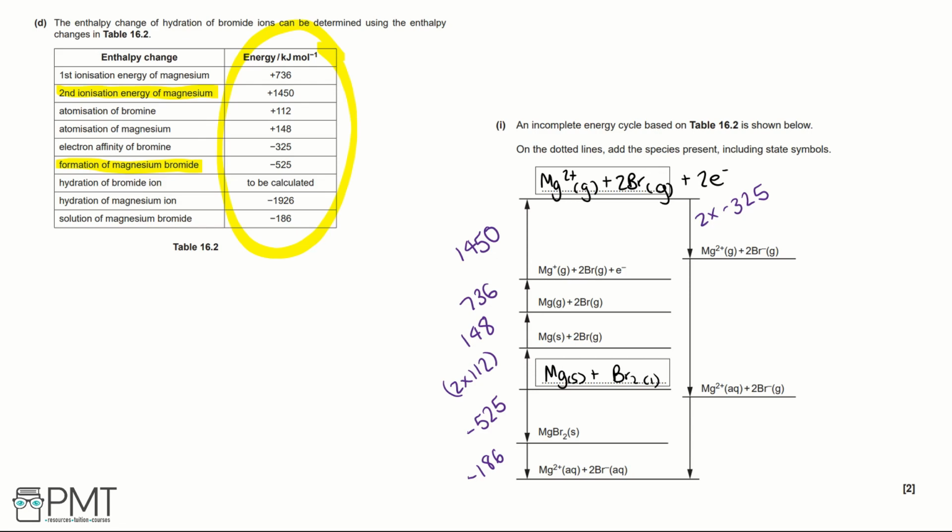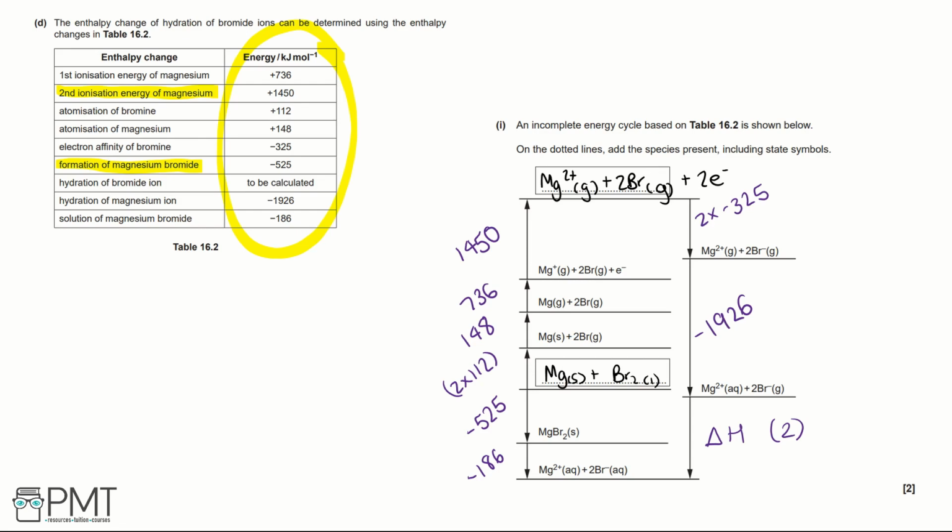And finally, this other arrow, we've got minus 1926, which is the hydration of magnesium ion, because we're going from this Mg2+ gas to Mg2+ aqueous, so we're hydrating it. And then this final arrow is the one we want to work out, which is the hydration of the bromide ion, but we're actually going to have to divide by 2 because we've got 2 bromide ions that we are hydrating.